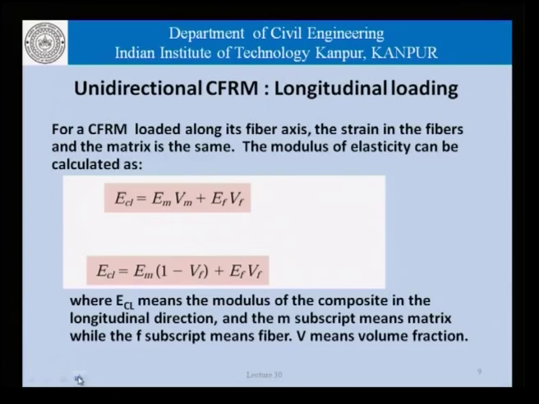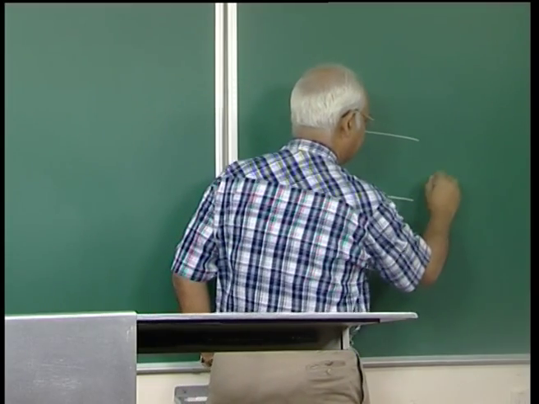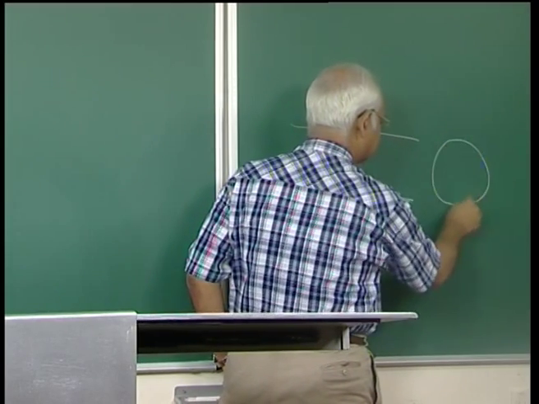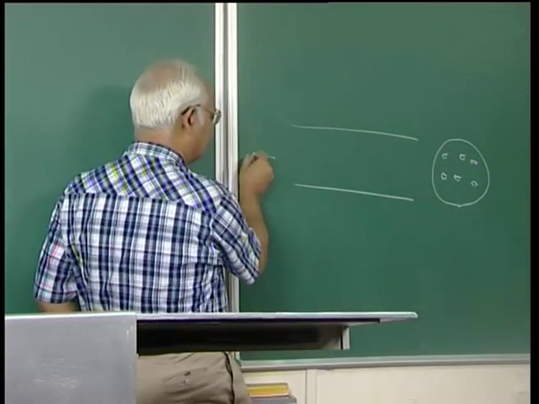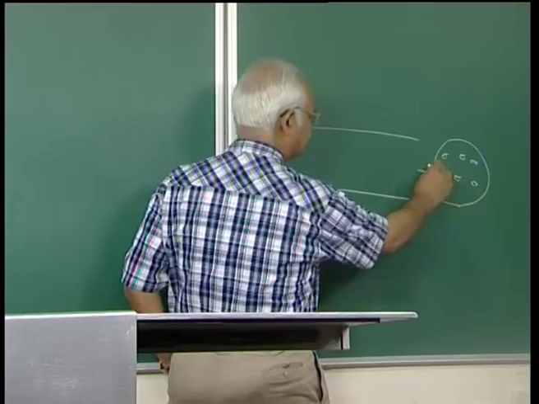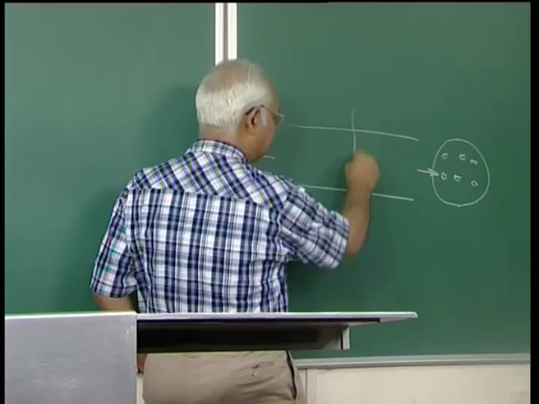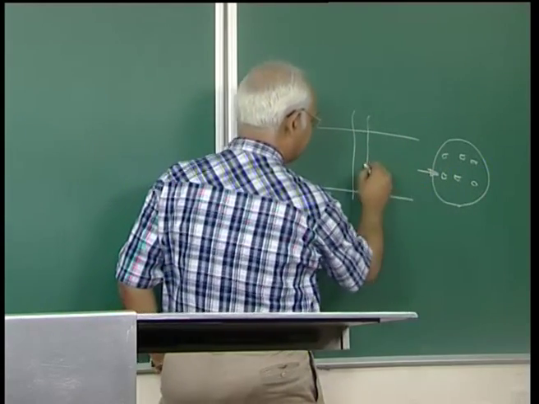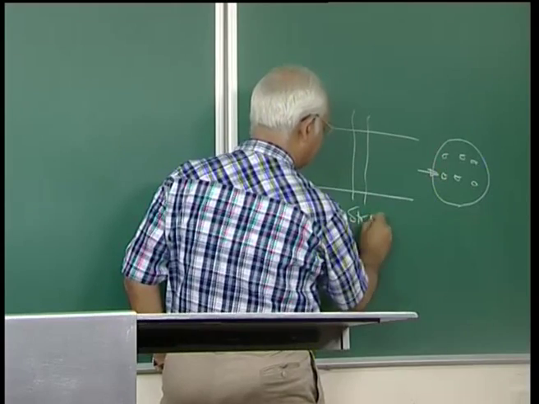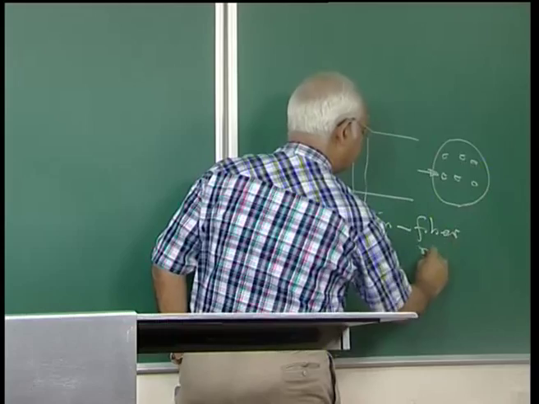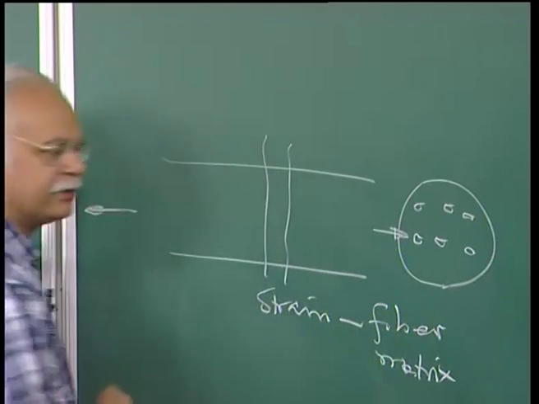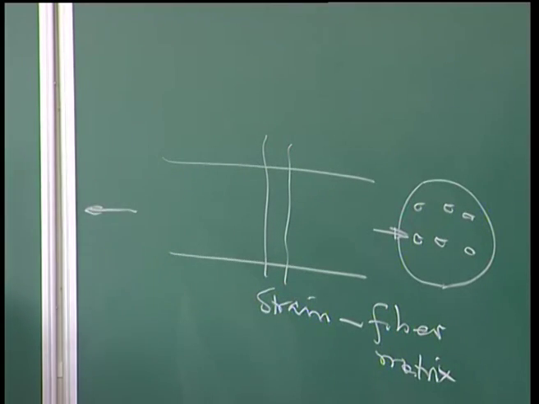What we are saying is that if we take a CFRM, which is like this with a lot of fibers, and we apply the load in this direction, then the strain that we see here, whether it is in the fiber or in the matrix, is the same, and that is the value that we have for the composite itself.